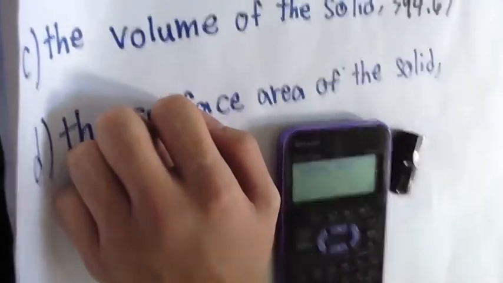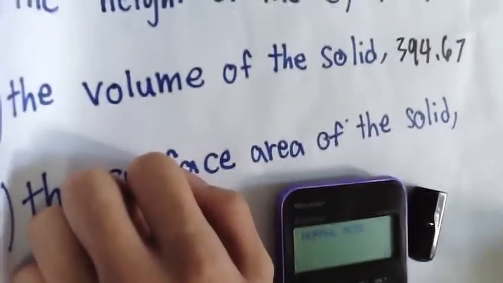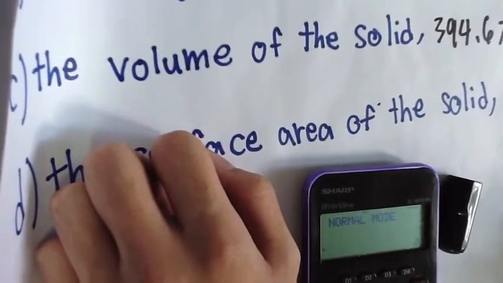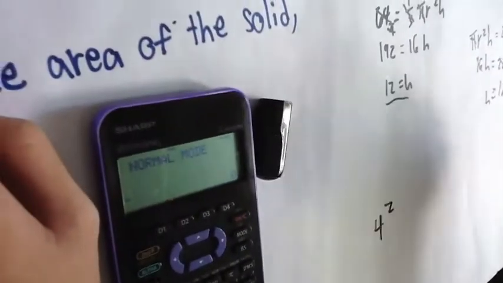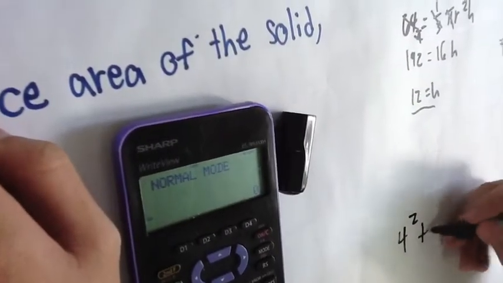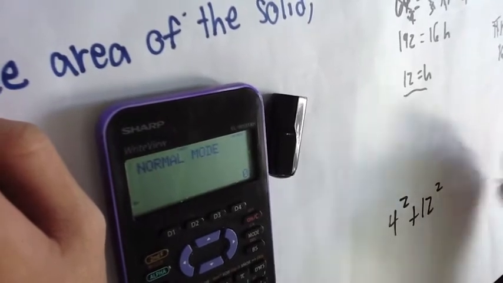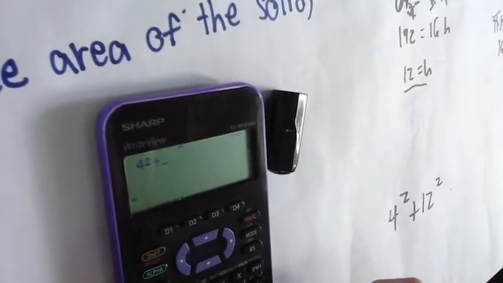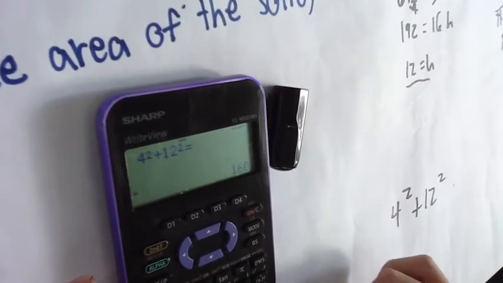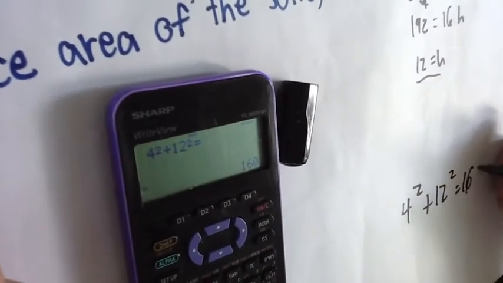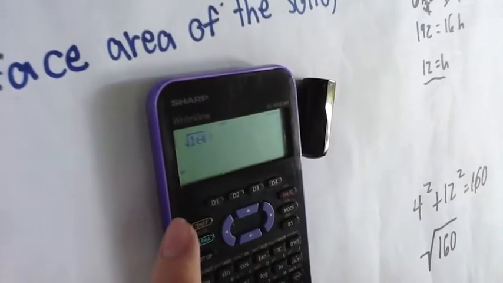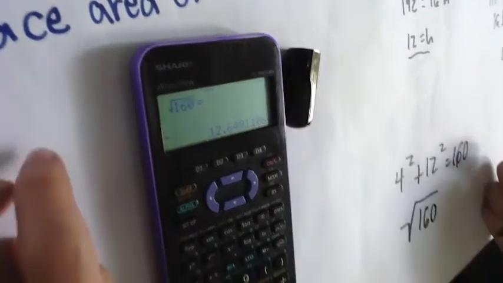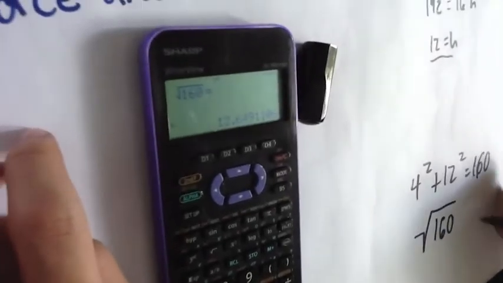For that we use the Pythagorean theorem, which is 4 squared because of the radius, the base, plus 12 squared because of the height, which is 160. Then we take the square root of 160, which is going to be 12.64.